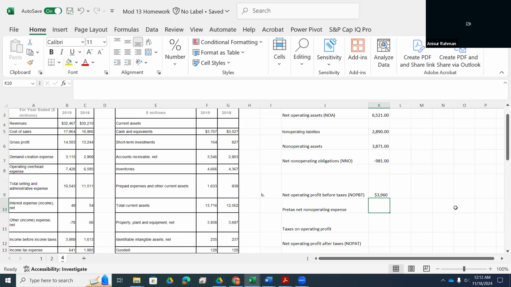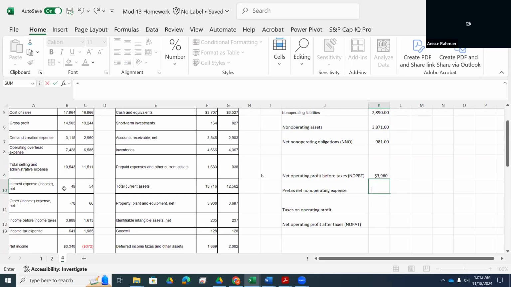Pre-tax net non-operating expense will be our interest expense and other expense, so sum these two items. Note here that numbers within parentheses, with a negative sign, mean income.